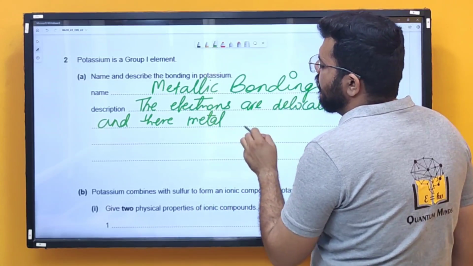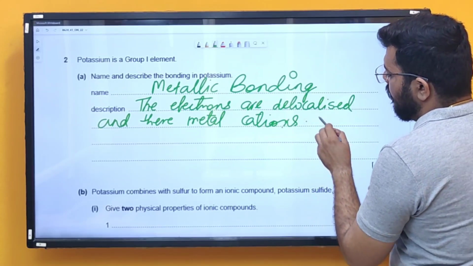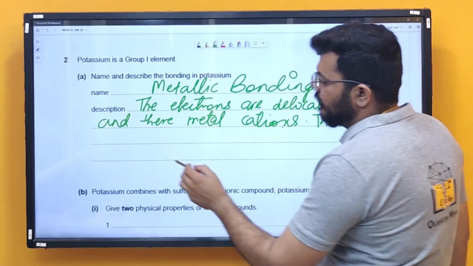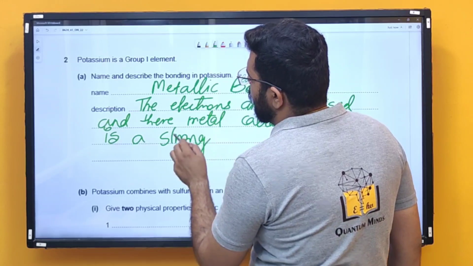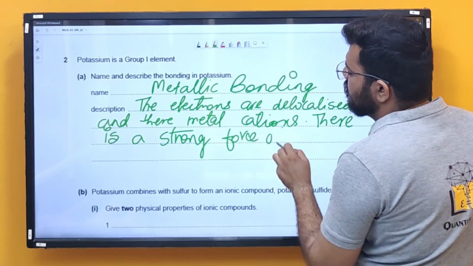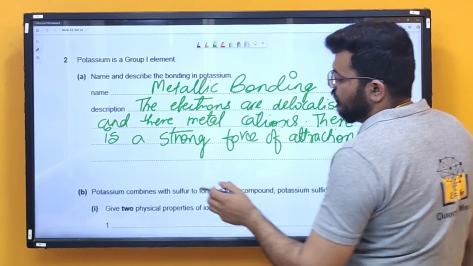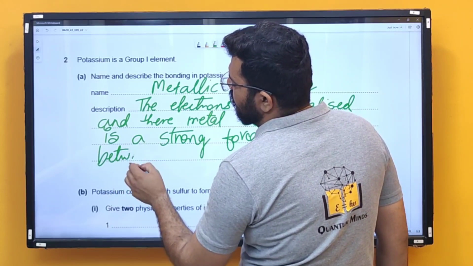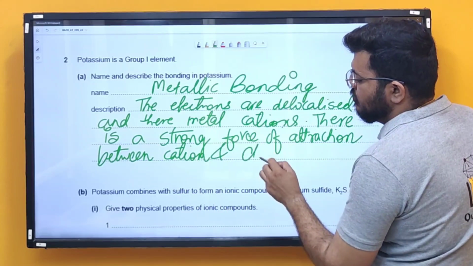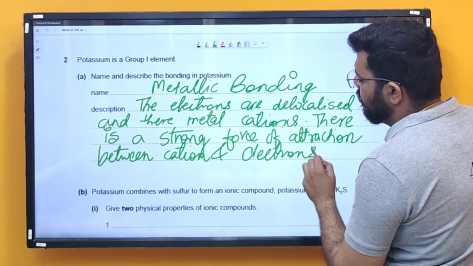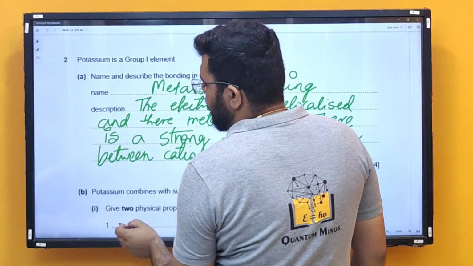So metal cations, there is a strong force of attraction between cations and electrons, right? That is why metals are solid, because of this strong attraction.